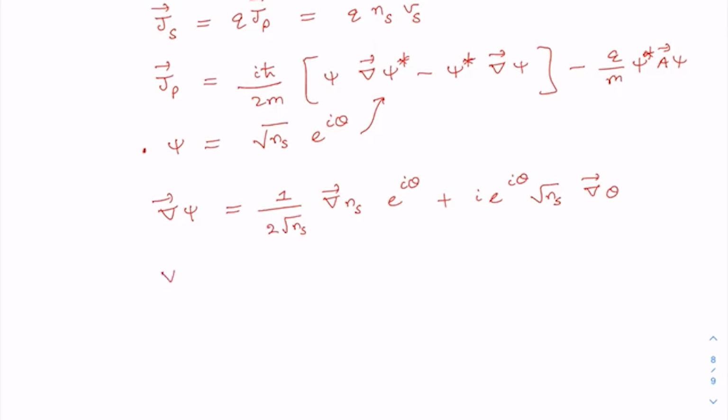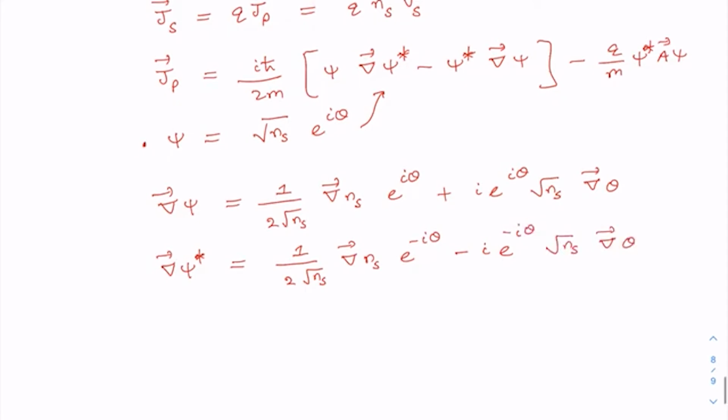And this grad of psi star is easy. You just have to take the complex conjugate: here it would be e to the power minus i theta, and here you have minus i e to the power minus i theta square root of ns grad theta.